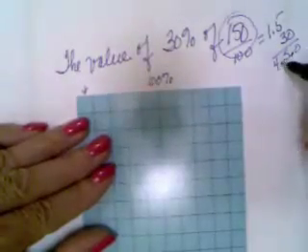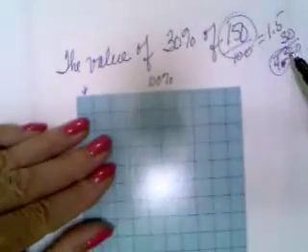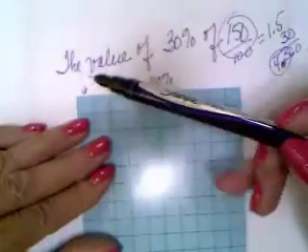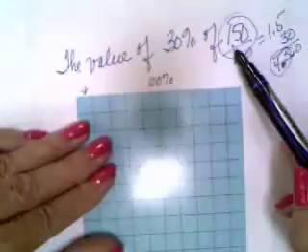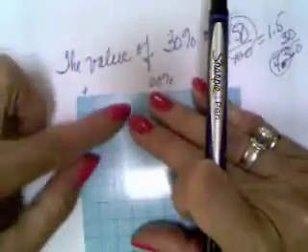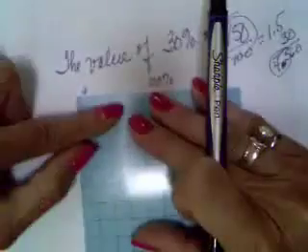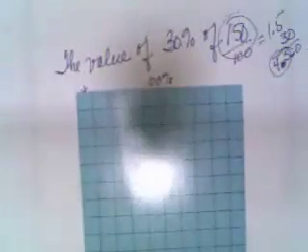How about 45? So 30% of 150 is 45 because 1% is 1 5/10, and you want to figure out what 30% would be. So you're taking 1 5/10 times 30.